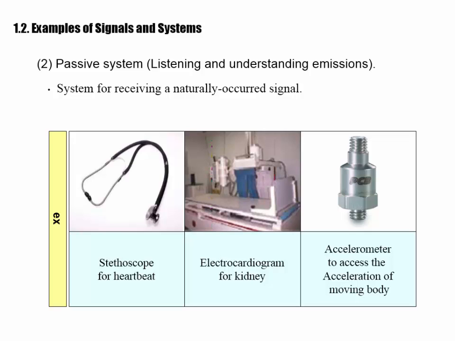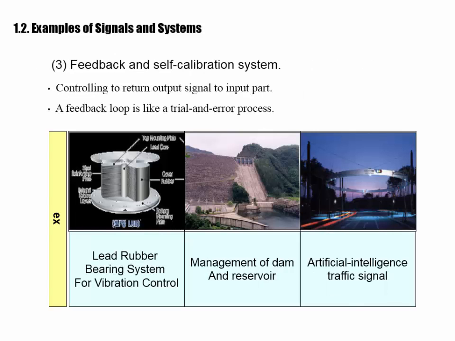And accelerometer. Actually, it's different. It's not an accelerometer. It has to be piezo, I think. When you have a movement, the piezo itself generates electrical energy, so it doesn't need extra current or input voltage to generate the response. Or the self-calibrating system, or feedback system, is where you use the output signal as your input. So then it's called the feedback system.